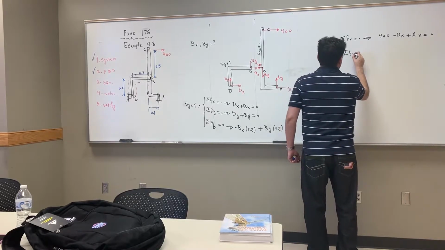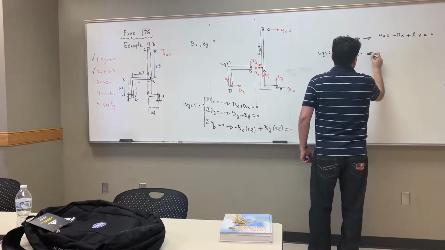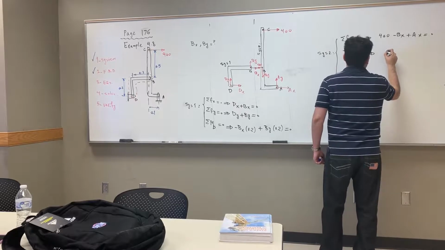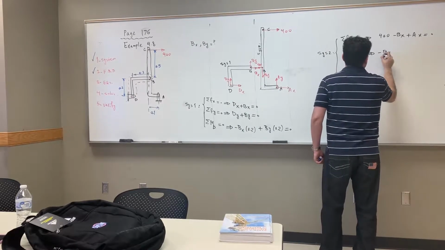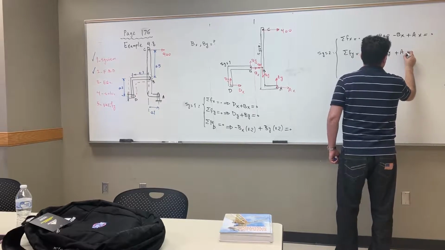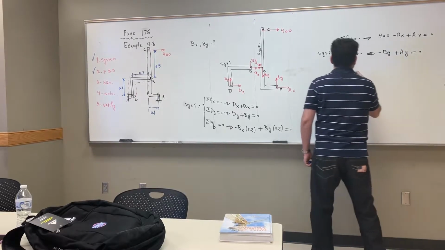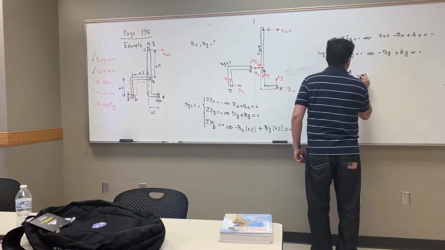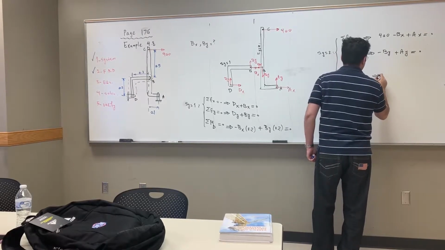Summation of force in y is 0. That's going to give me negative By plus Ay equals 0. Summation of moment around any point is 0 as long as it's in equilibrium.